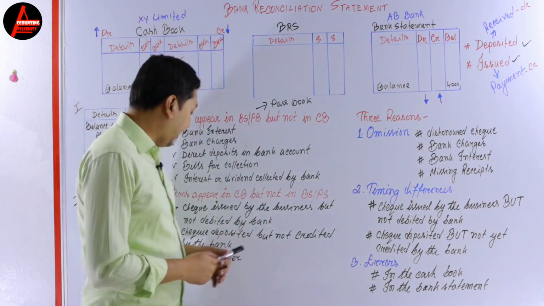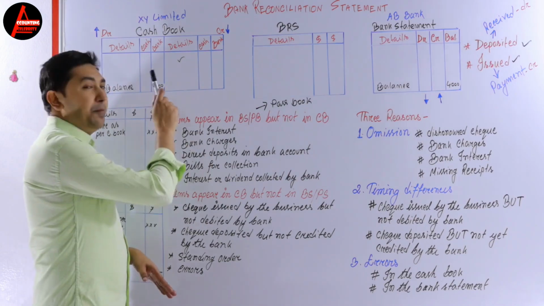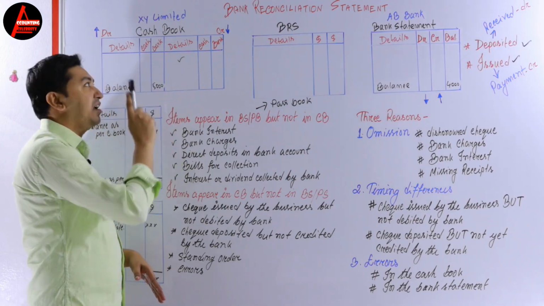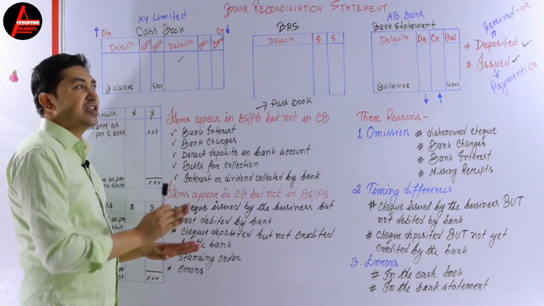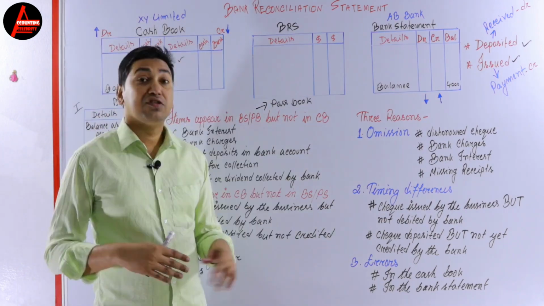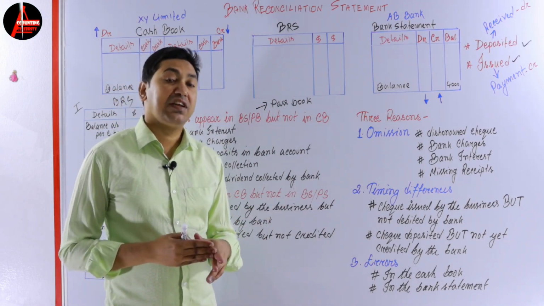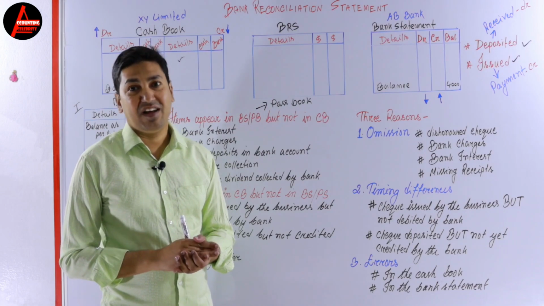And then what is the next one? Errors. Any kinds of errors made by the business accountant in the cash book. That is why the differences will occur. So when your basics are cleared, whatever question is given, you will be able to answer.